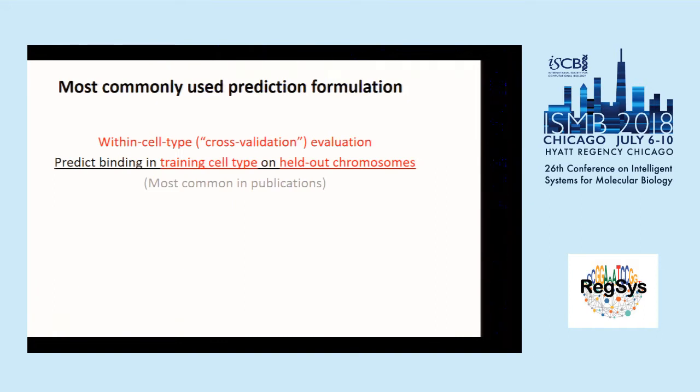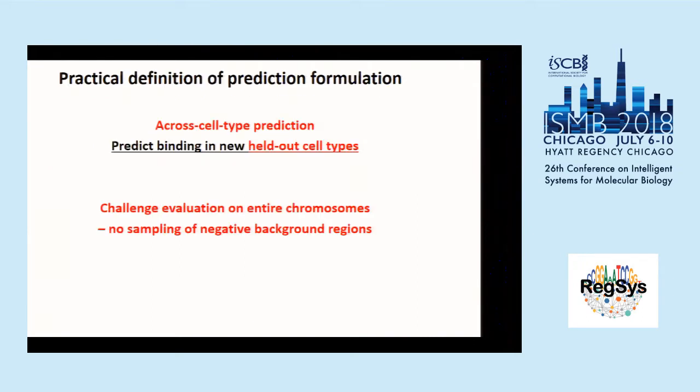So what does prediction mean in our context? The most commonly used formulation in the literature is within cell type evaluation, where the training and test cell types are the same. And what changes is that you're just evaluating on different, held out regions of the genome. But the practical use of the desired ideal in vivo predictor is usually to scan genome-wide for binding sites in a cell type which has not been assayed yet.